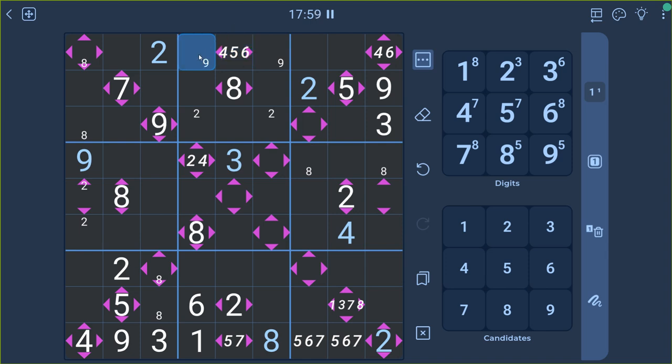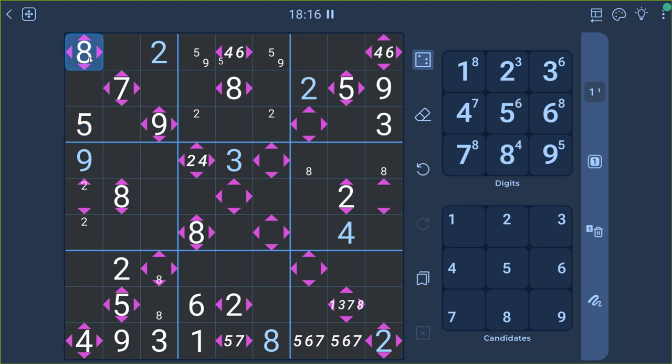So 4, 5, 6, which means the 5 goes in space 4, 5, or 6. Also means the 5 goes down here, which puts it here, which gives us our 8, which gives us our 1s.